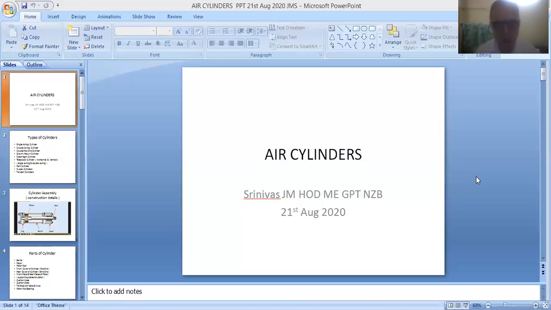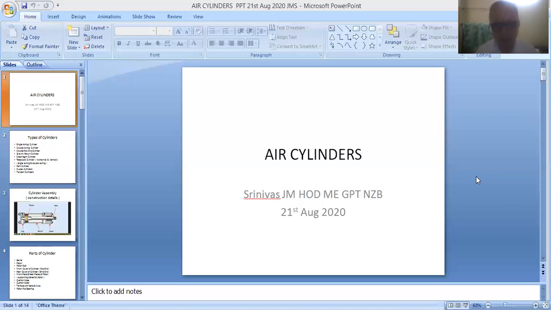Items used in a hydraulic circuit are referred to as hydraulic motors or hydraulic actuators, and items used in pneumatic circuits are referred to as pneumatic actuators or air actuators, or they are also called motors. Whatever may be the case, these are the different names given to these items.